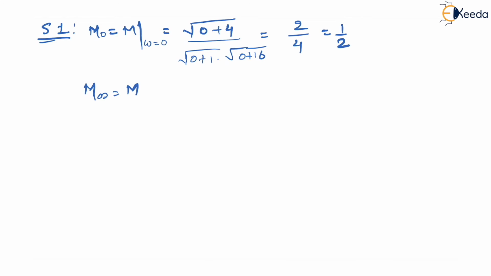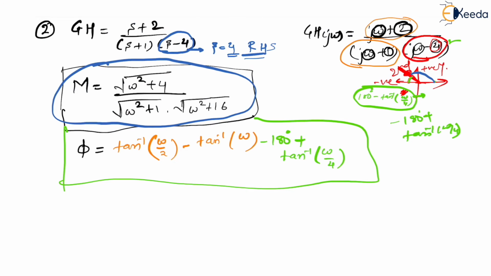Now what is m infinity? M infinity is nothing but the magnitude at omega equal to infinity. In place of omega, if I put infinity, what do I get? If you see here, you have got basically these two poles. One omega will come out from this, one omega will come out from this, because this is omega square.